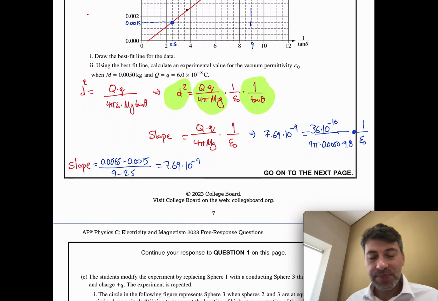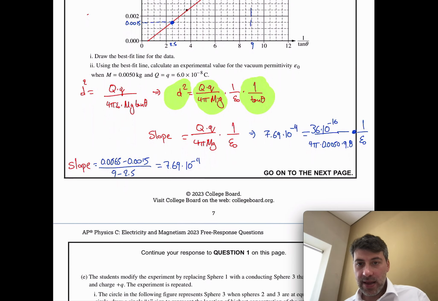Sorry for that. We need to be a little bit careful with our calculations. So first thing is we'll multiply the slope by 4 pi times 0.0050 times 9.8, and then we're going to divide by 36 times 10 to the power of negative 16, and we get 1 over epsilon 0 is equal to this, so we have to consider 1 over the answer.